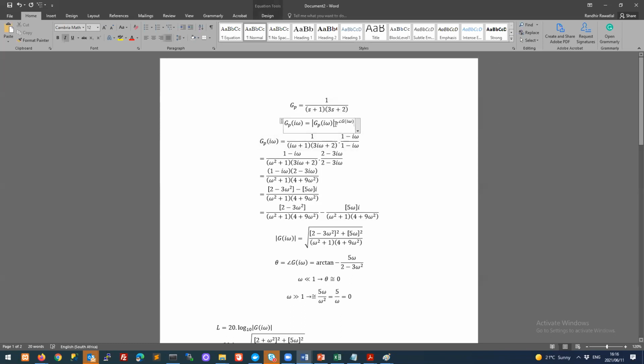So you do need the magnitude here. To evaluate the magnitude, you can't really do that with the denominators like this.